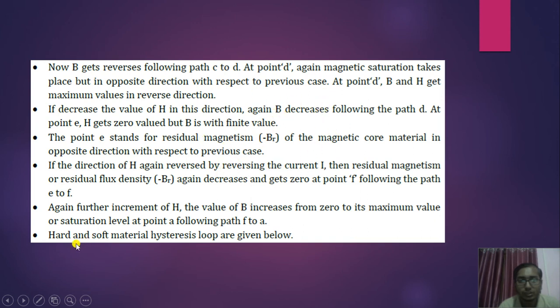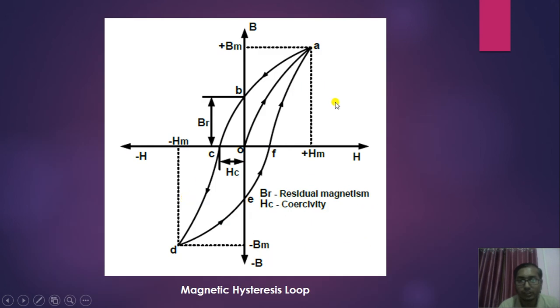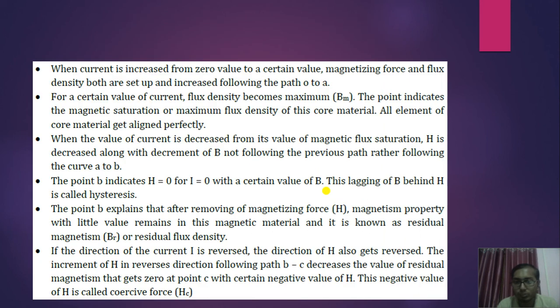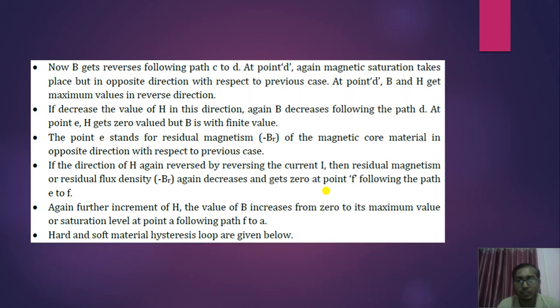This kind of loop is very important for your semester examination as well as for sessional exams. So please go through it. This is your magnetic hysteresis loop, and sometimes it may be asked to draw the magnetization or hysteresis loop for hard as well as soft magnetic materials.